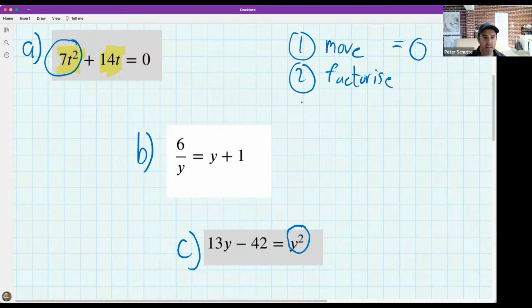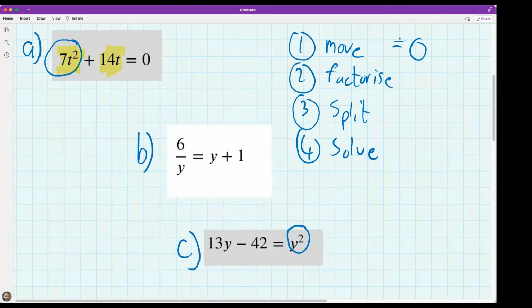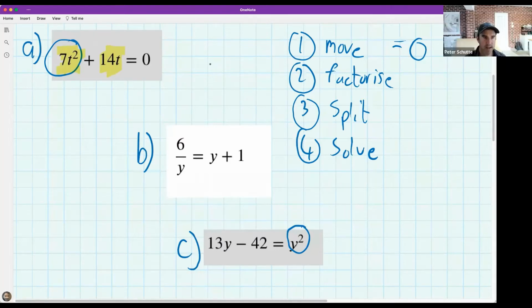Step three is going to be split. And the fourth step is going to be solve. Now, in the case of B, you actually have to do a bit of work first before you can move things around, but that's kind of gobbled up by the move. So let's go through those steps for A. Is everything on one side?